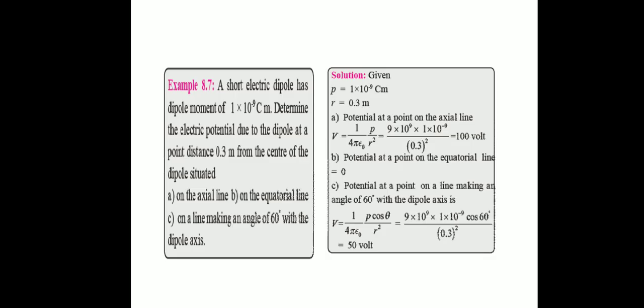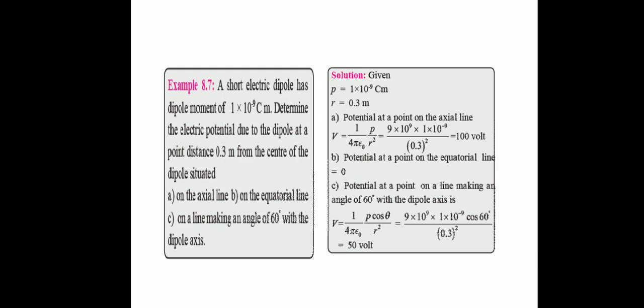Now let us solve example 8.7. A short electric dipole has a dipole moment of 10 raised to minus 9 coulomb meter. Determine the electric potential due to the dipole at a point at a distance 0.3 meter from the center of the dipole, situated first on the axial line, second on the equatorial line, and third on a line making an angle 60 degrees with the dipole axis.